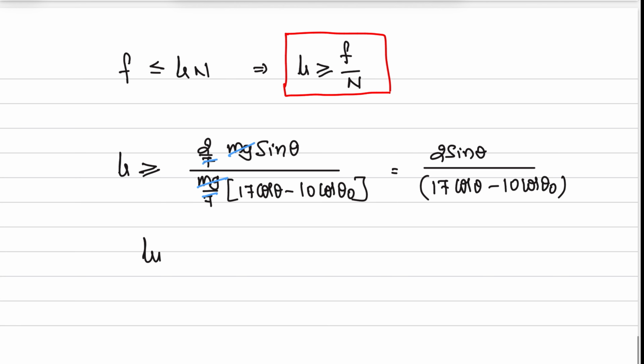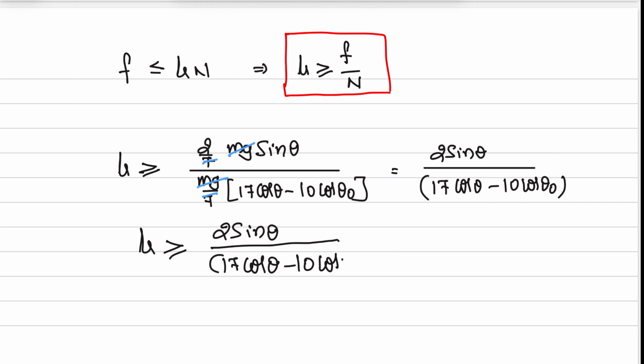Mu, the friction factor, should be greater than or equal to 2 sin theta whole divided by 17 cos theta minus 10 cos theta naught.